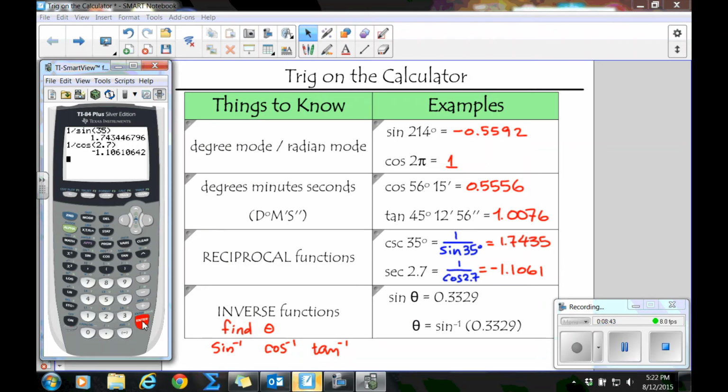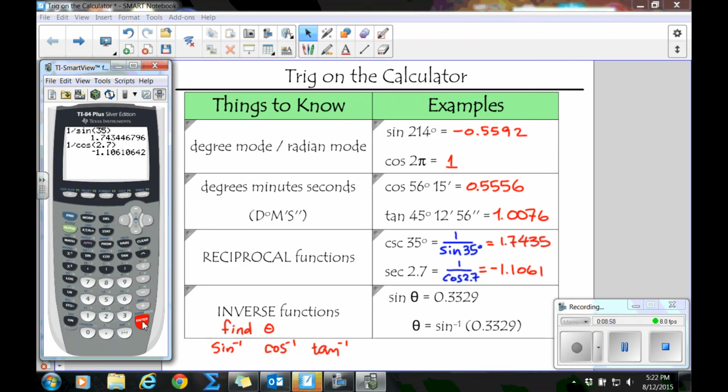And an example is typed here. We are told what the trig ratio is. It's given as a decimal rather than a fraction. That's what happens when you use a calculator. And we're asked to come up with the angle.